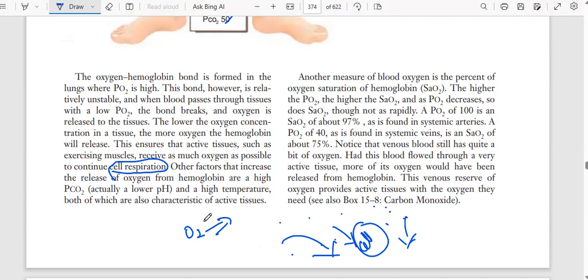In cell respiration, and in fever also, we need a large amount of oxygen. That's the reason our heart rate is high. The measure of blood oxygen is the oxygen saturation of hemoglobin. The higher the PO2, the higher the SpO2. We call it saturation, SpO2.